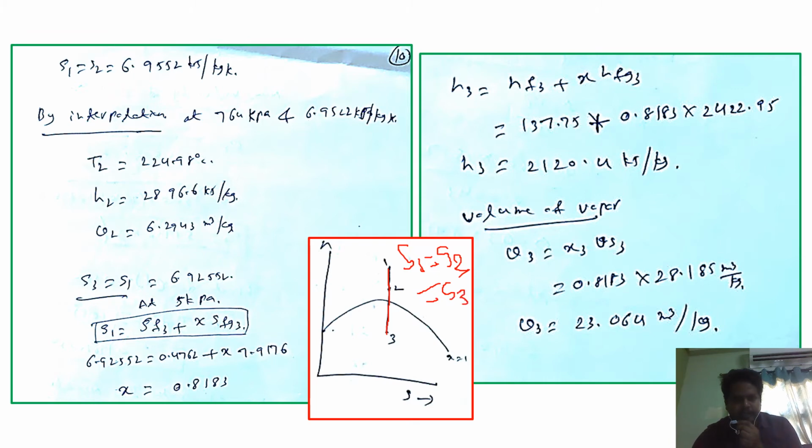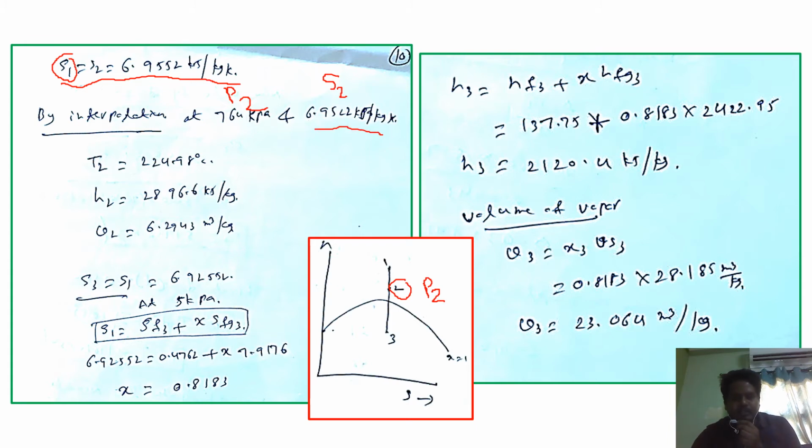The same thing I have written here, S1 equals S2 equals 6.9552 kilojoule per kg Kelvin, because S1 value we have already calculated in the previous slide. Now we have to find the enthalpy, temperature and specific volume at point 2. We already calculated pressure P2 at point 2, that is 764 kilopascal, and S2 is 6.9522 kilojoule per kg Kelvin.